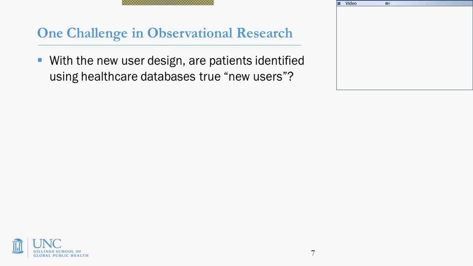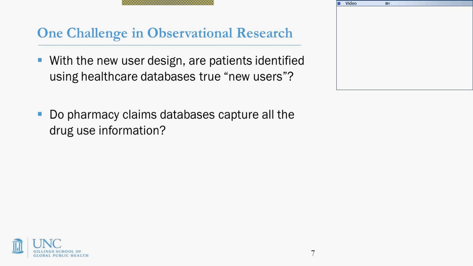This is a great challenge in observational research using secondary databases: with this design, are the patients identified in healthcare claims databases true new users? A transition of this question is, are the pharmacy claims data used to conduct this study complete enough to capture every piece of information you need?